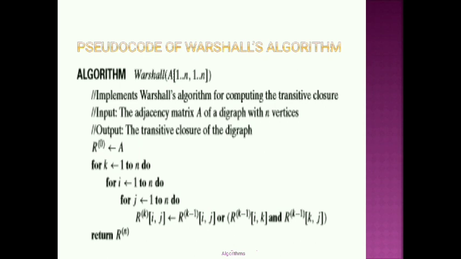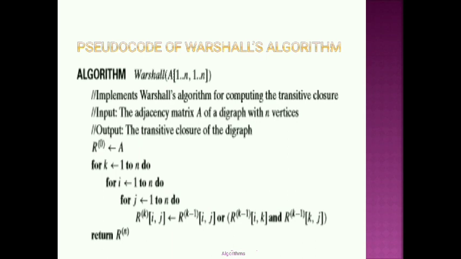Here we have 3 loops. The first loop is for k from 1 to n, for i from 1 to n, for j from 1 to n. Here k is nothing but the index of these matrices. So first we have R0.